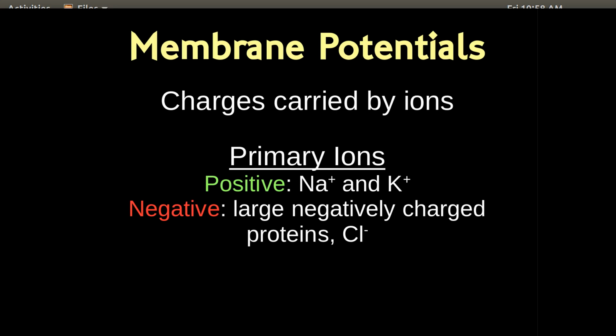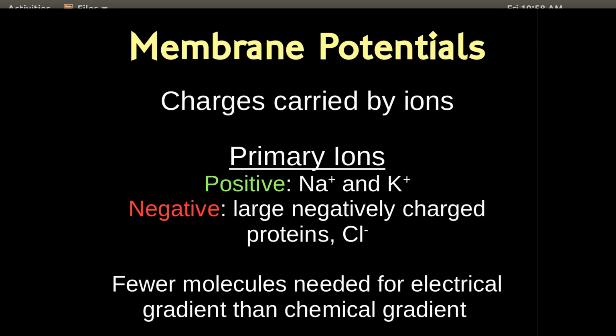And one thing to keep in mind as we go throughout this, it actually takes far fewer molecules to set up an electrical gradient than what it would take to set up an equivalent chemical gradient, to set up a similar force. And by far fewer, I mean many, many, many orders of magnitude.